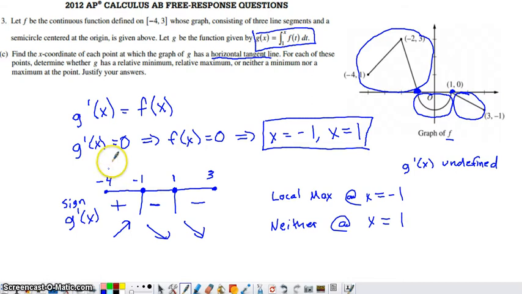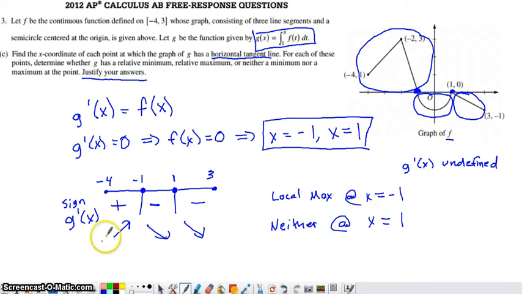Now, if this is all the work that you had on your page for this on the actual AP exam, you would not receive the point for the justify your answer step. A sign chart isn't going to be acceptable justification. To receive full credit for the justification step on the AP exam, you'd have to say, and I'm not going to write this out, I'll verbally state it here: since g prime of negative 1 equals 0, and g prime is positive to the left of negative 1 and negative to the right of negative 1, we know we have a local max at negative 1.